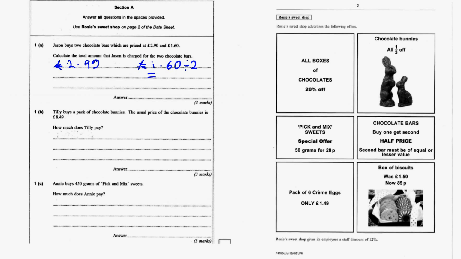So I'm just going to type this into my calculator, £1.60 divided by 2 because it's half price, and that gives me 0.8, which I know is 80p.